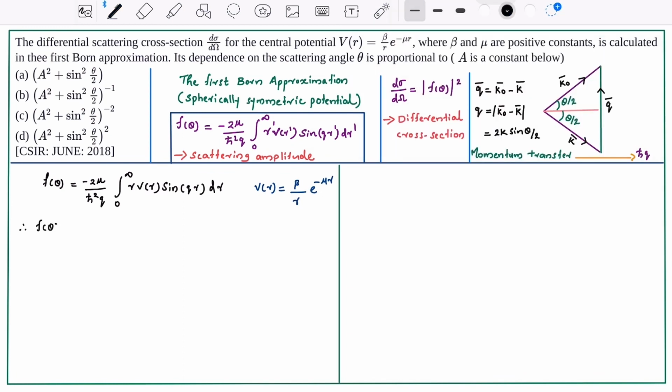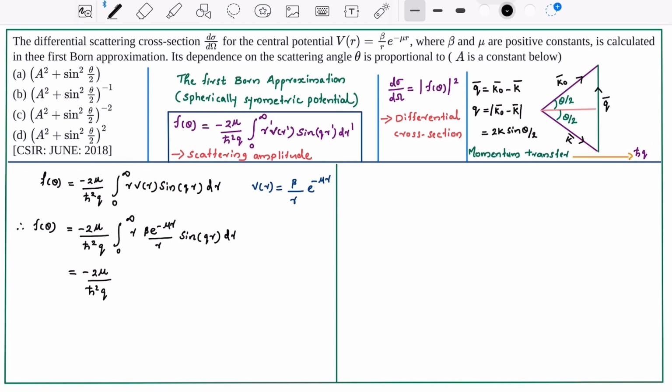That is, f(θ) is equal to minus 2μ by ħ² q integral 0 to infinity r. Now instead of V(r), write β e raised to minus μr by r, then sin qr dr. That is equal to minus 2μ divided by ħ² q.